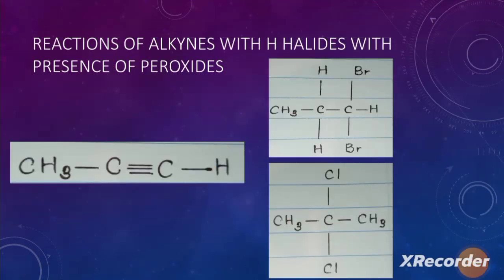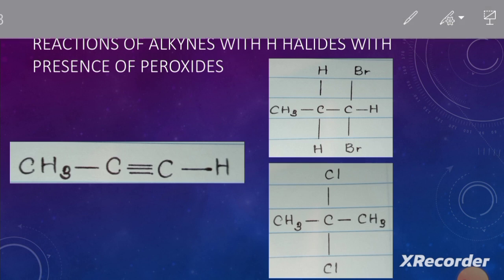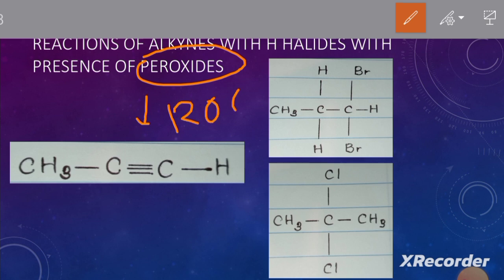Then we will discuss the reactions of alkynes with hydrogen halides in the presence of peroxide. The peroxide we are taking here is ROOR, or else we can take H2O2.